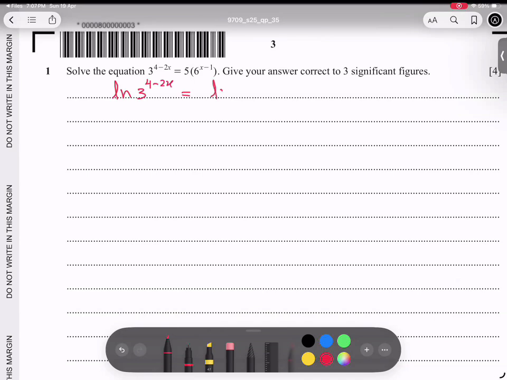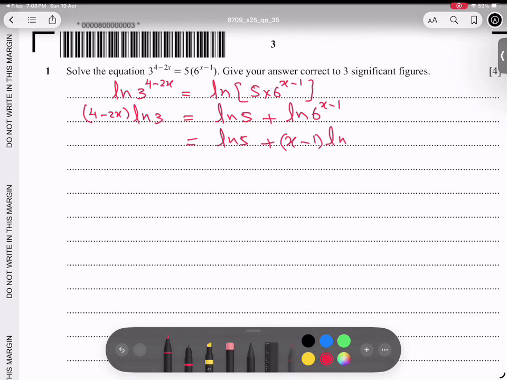Now you know this power will go down by the log property, so 4 minus 2x must be written in a bracket. Here I'll split ln 5 separately plus ln of 6 to the power x minus 5 separately. Then this power will go down, and I can say x minus 1 in a bracket, please.